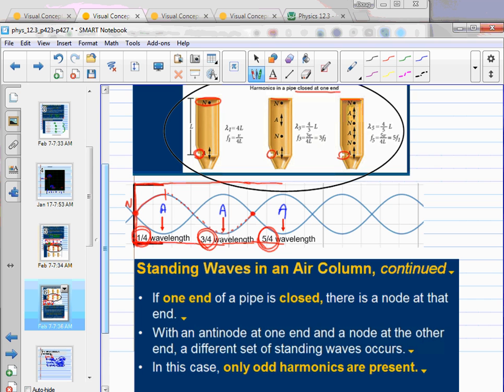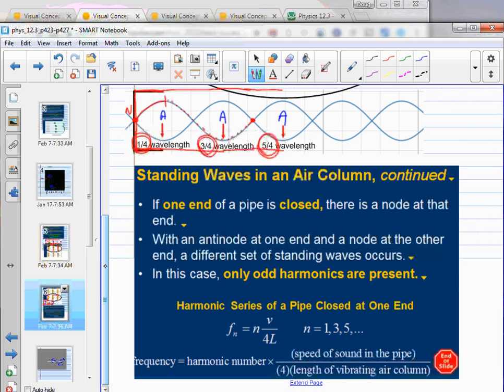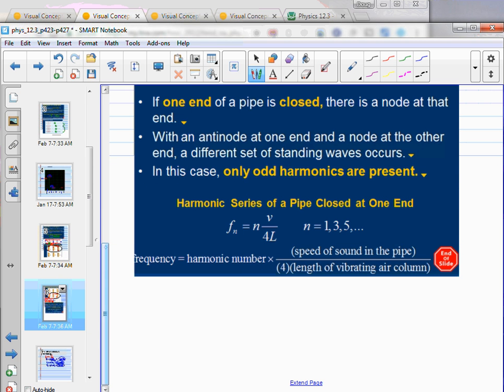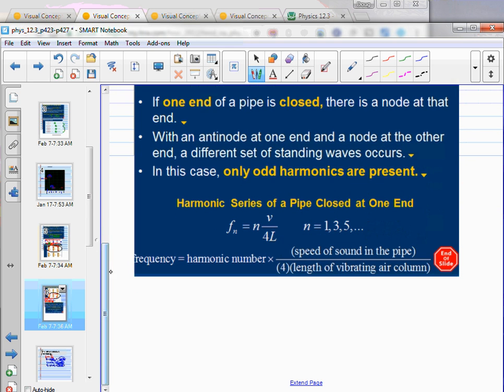And this time the distance is only 1/4 of the wavelength when I first resonate. So it takes 4L, down here in our formula, 4 times the first resonating length before I have one wavelength.